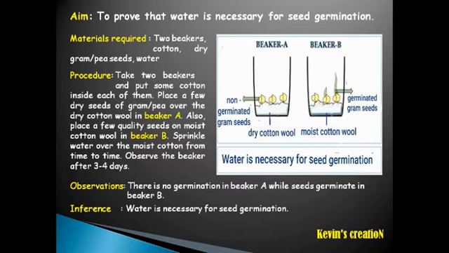And what is proved? Inference: water is necessary for seed germination. All things were the same except for water. Water was not there in beaker A, that is why the seeds failed to germinate, and that is how it is proved that water is necessary for seed germination.